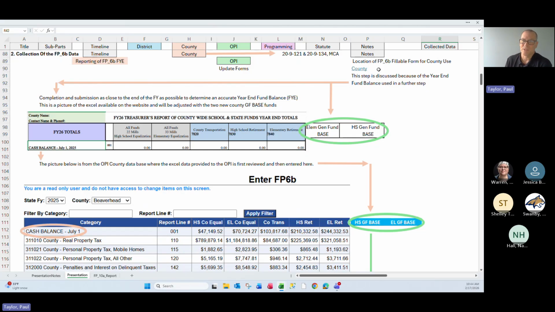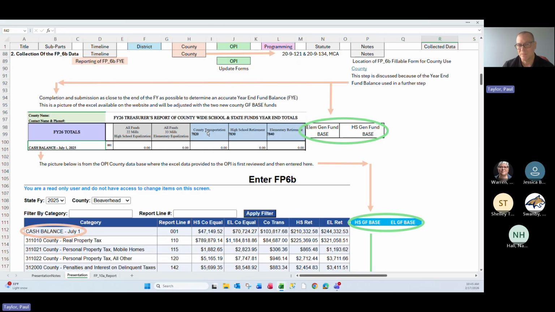And so what counties do is they download the file and they use it to track what happens, actuals. So they're going to start with their fund balance from the prior year. They're going to record the revenues received. They're going to record the expenditures, disbursements made, and they're going to end up with an ending fund balance. And so what we're going to do is we'll take the FP6B that already exists for equalization.